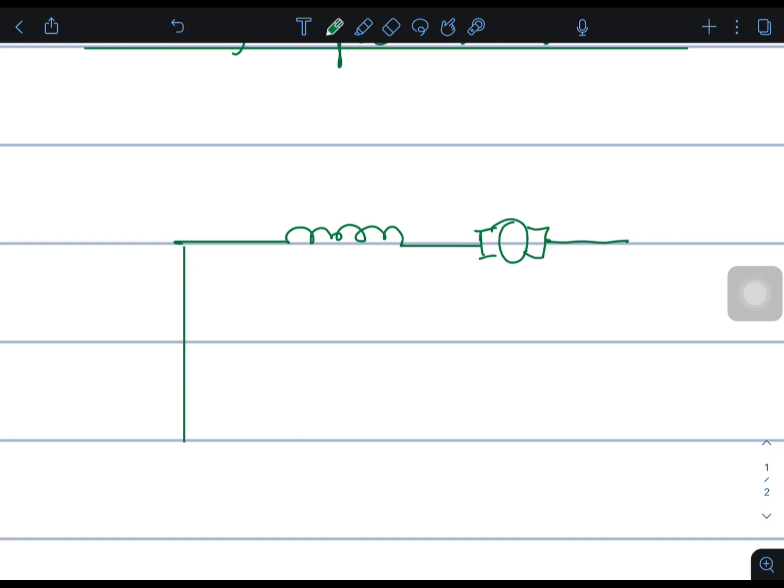If we want to increase the speed of a series motor, this is the circuit that you're going to draw.